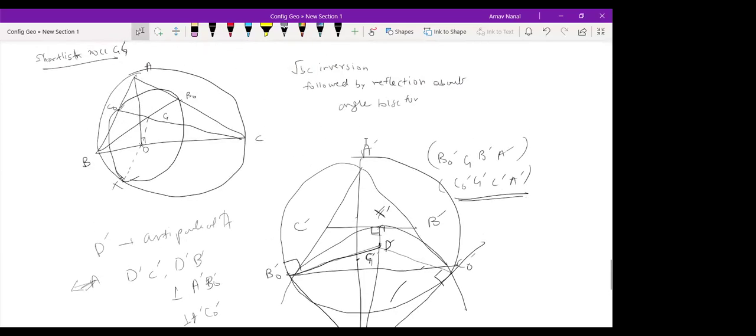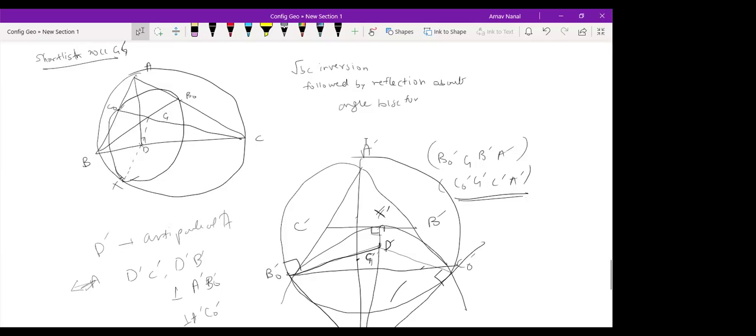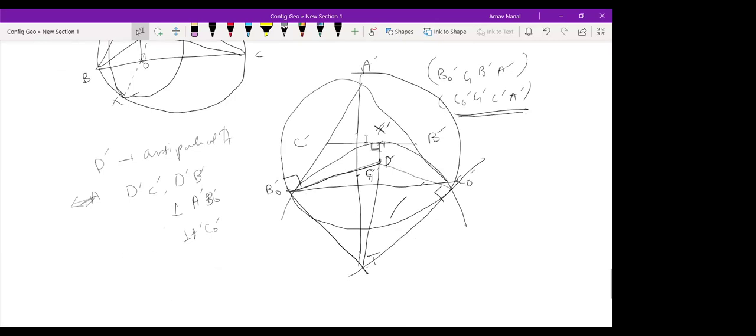So isn't this just Simpson line? It should be, because D dash B dash is perpendicular to AB dash, and D dash C dash is also perpendicular to AB dash, and A dash, B dash, C dash, and D dash are concyclic. Could you repeat what you said? We know that A dash, B dash, C dash are concyclic with D dash.